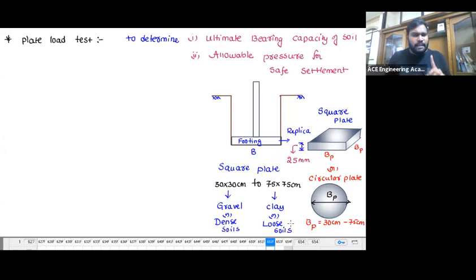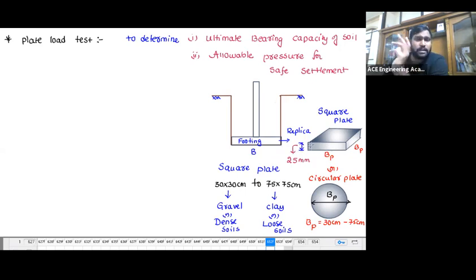So when the bearing capacity is less, it is load by area. If area is more, the bearing capacity is going to be less. Okay, so now I have shown you that instead of constructing the actual footing, I am replicating it with a square plate or a circular plate, and the dimensions of these plates are 30 by 30 to 75 by 75, and the thickness of any plate is simply 25 mm.